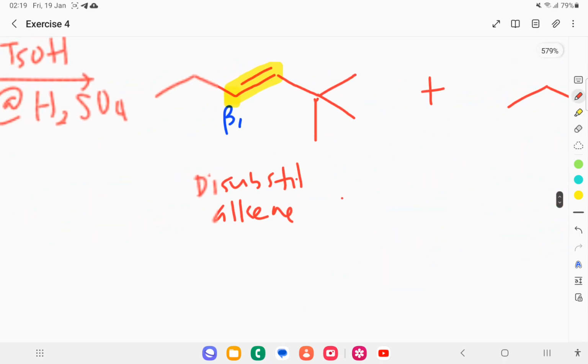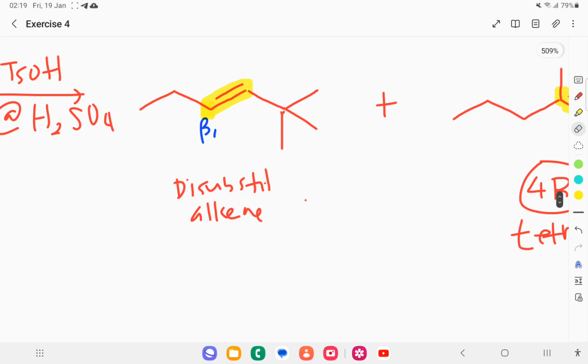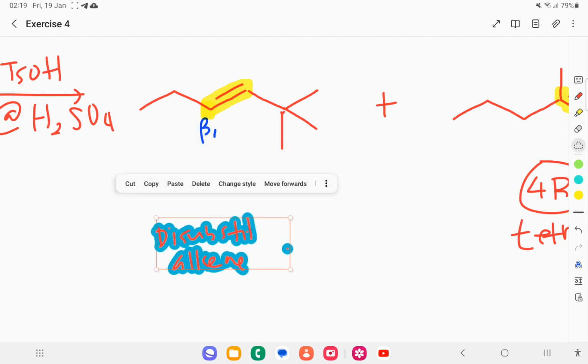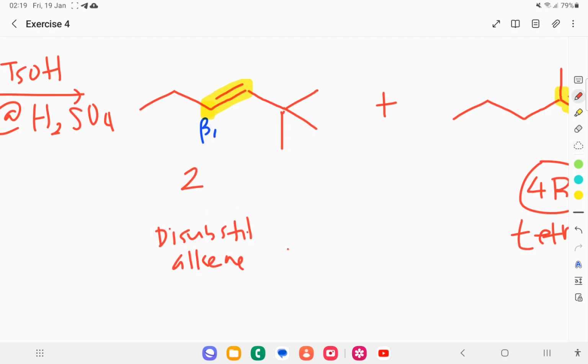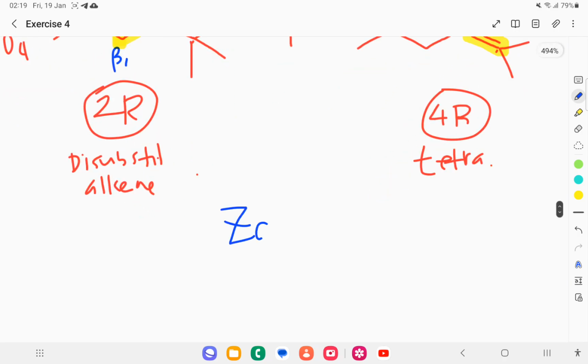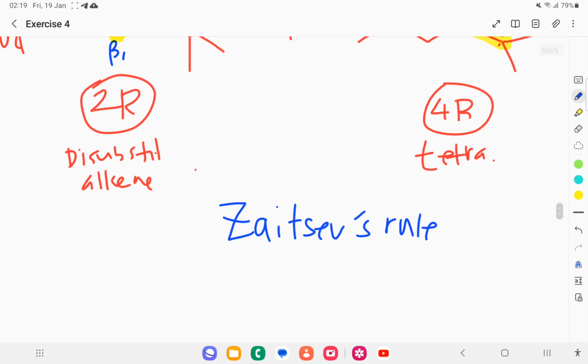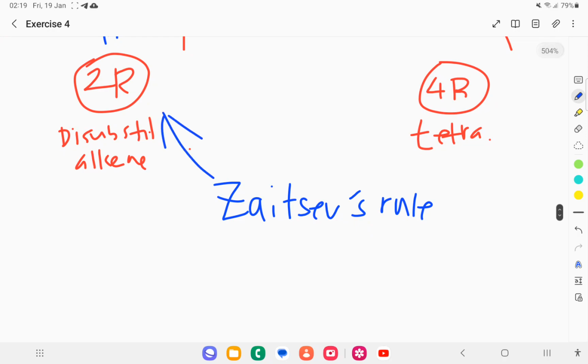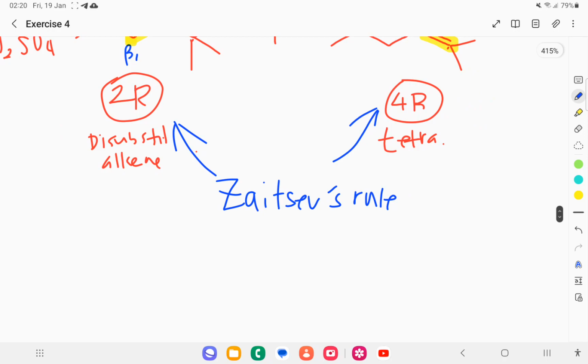So we're going to determine which one is the major product. Based on Zaitsev's rule, Zaitsev's rule states that the more substituted alkene is the major product.